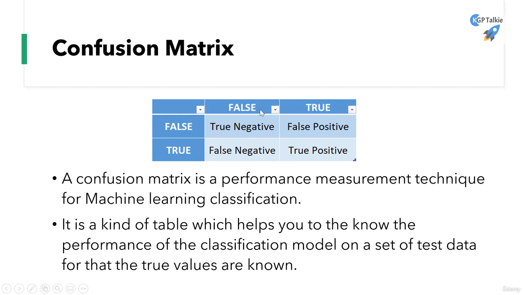Let's say you have the classes false and true on each axis, one being the predicted one and the other the true one. If it is false and false, then it's a true negative, and if the prediction is true, it is a false positive.